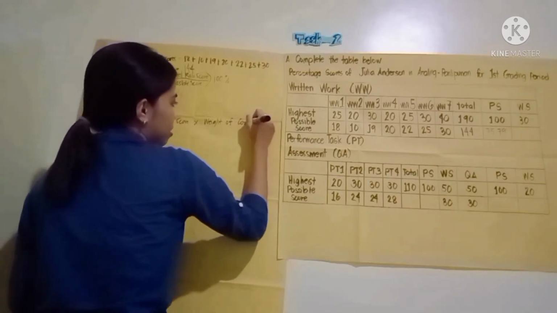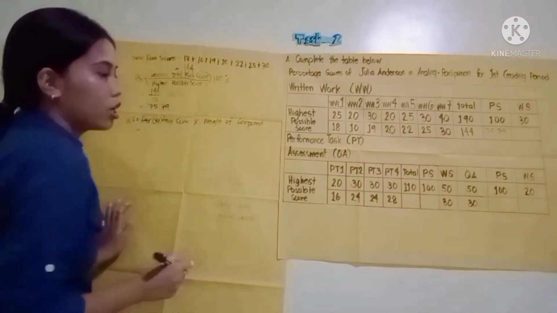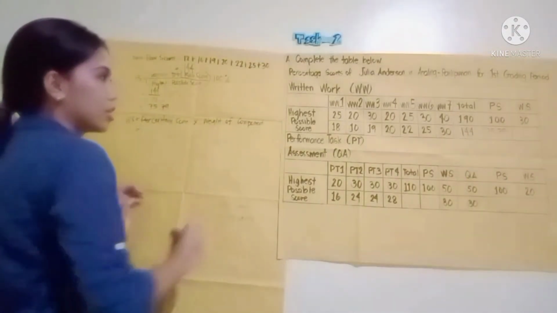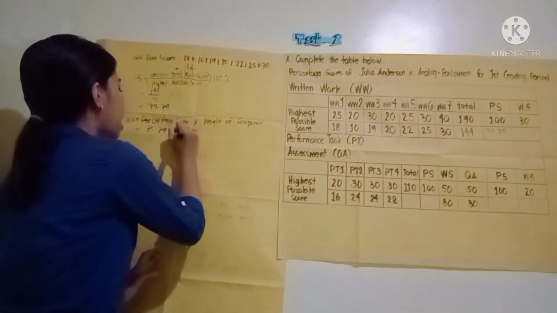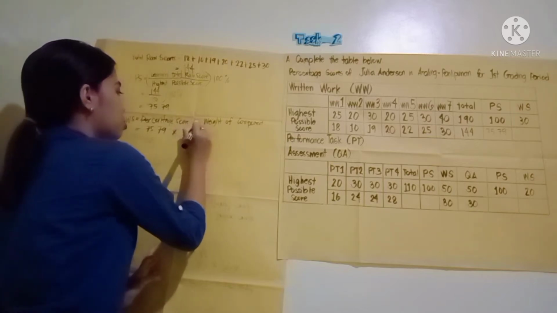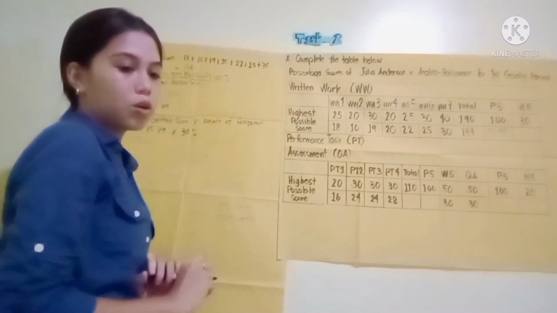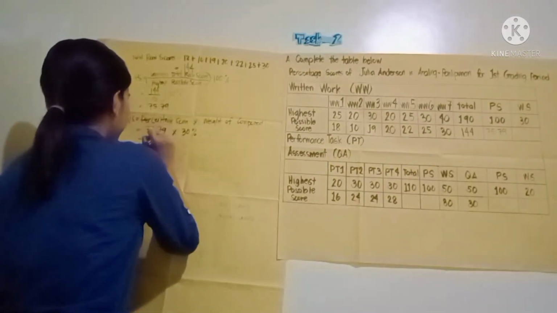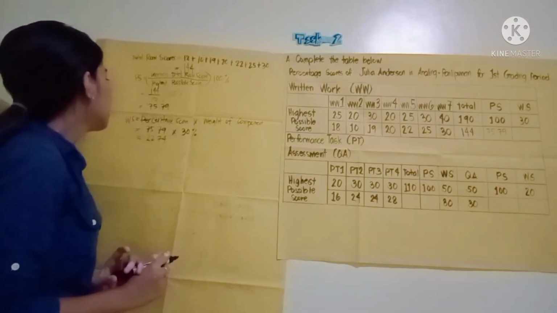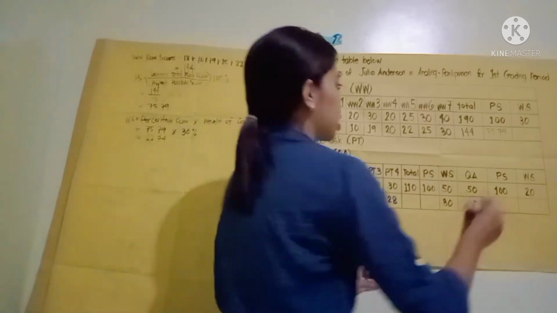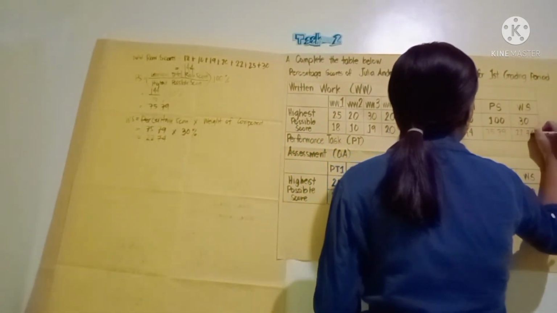So the percentage score for Julia's written work is 75.79 times 30%, which is the weight of component of the Araling Panlipunan, is equals to 22.74. This is the weighted score of Julia's written work, 22.74.